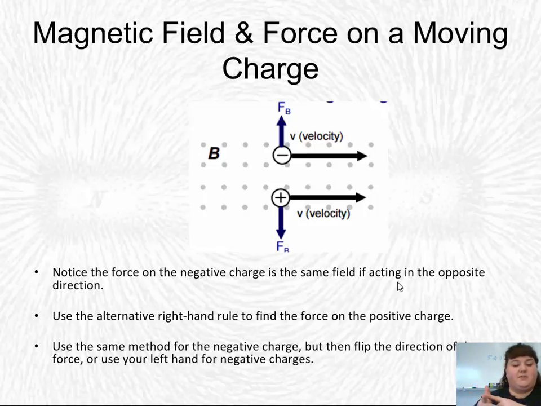So if our force is upwards for a positive, for a negative charge, it would be downwards. Or for a negative charge, you can use your left hand rule, whichever one you want to choose. So right hand should be positive, left hand will be negative, or you can just flip whatever you get for your right hand rule. So positive charges are what your right hand will show you. It's the opposite for a negative charge.